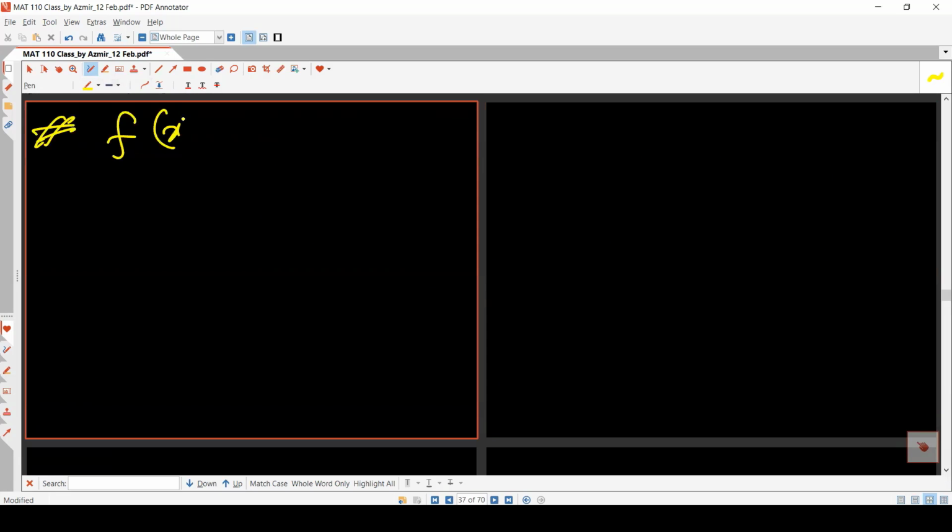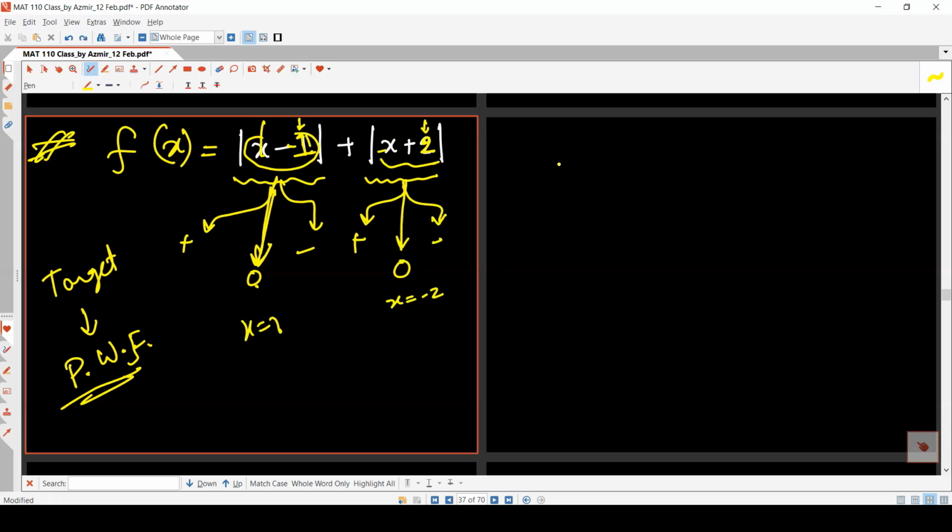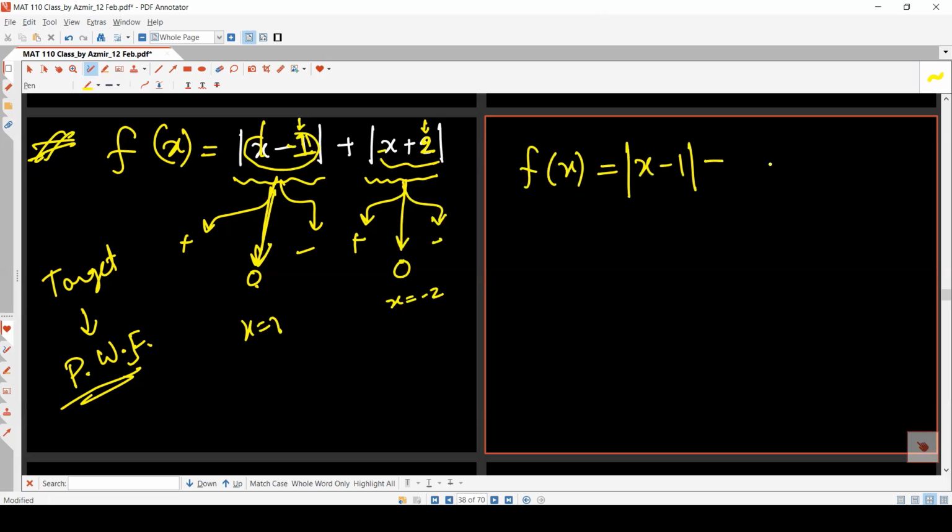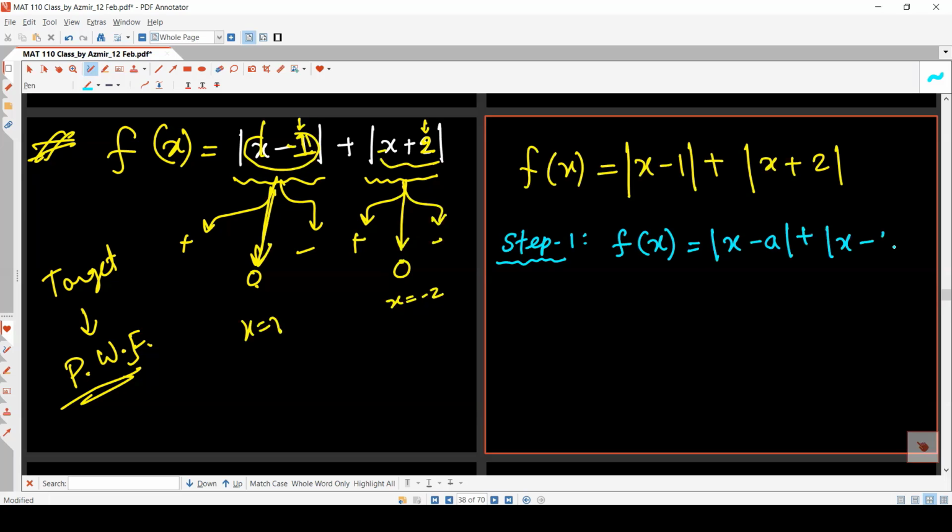Let me take another example. f of x equals modulus of x minus 1 plus modulus of x plus 2. So step by step, we have to form piecewise function. Step 1. If we have a general function, let's say modulus of x minus a plus modulus of x minus b, here we have also modulus.